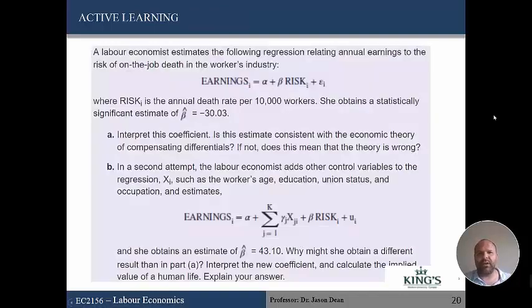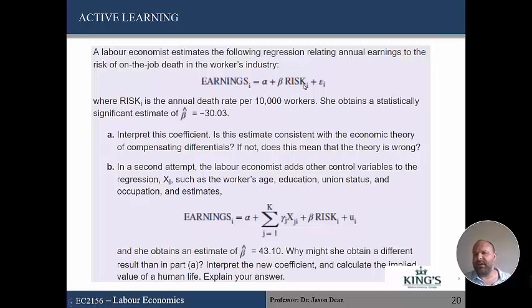Okay, next question. Suppose a labor economist estimates the following regression relating annual earnings to the risk of on-the-job death in the workers' industry. This is similar to what we looked at before. We have our wages or earnings as a dependent variable, an intercept term, plus a coefficient in front of the risk variable.